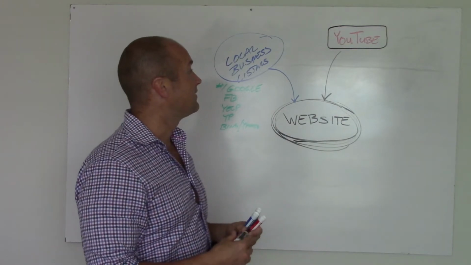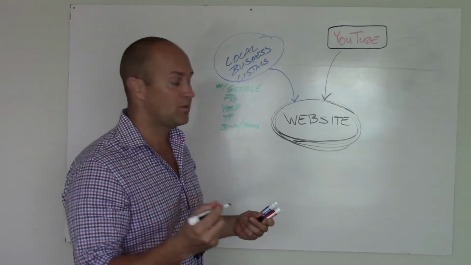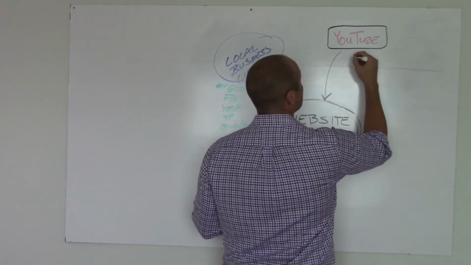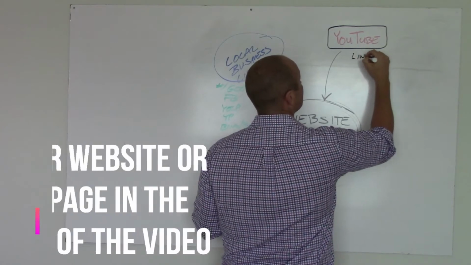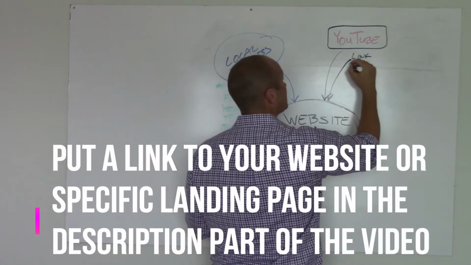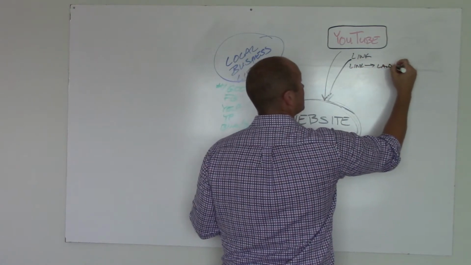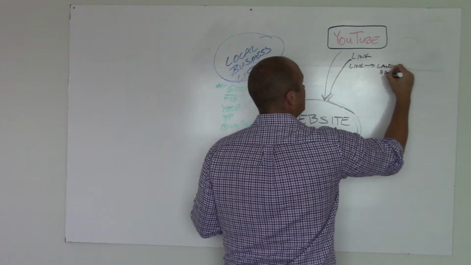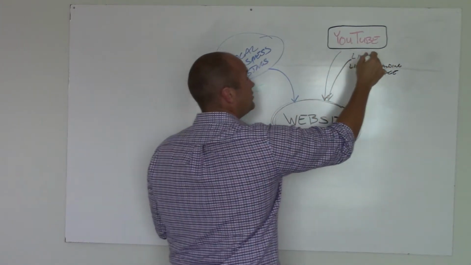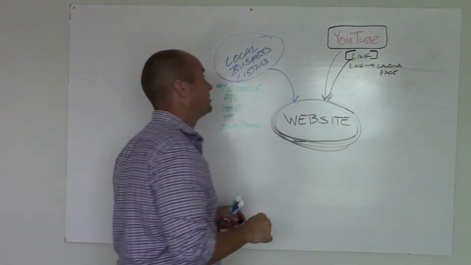The video itself, the content has to be good. But in the description, you can put a link back to the website, or you can link it to a landing page. If someone sees your video, you can put the link in the description and get them back onto your website.